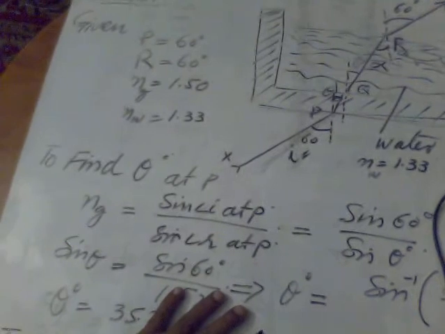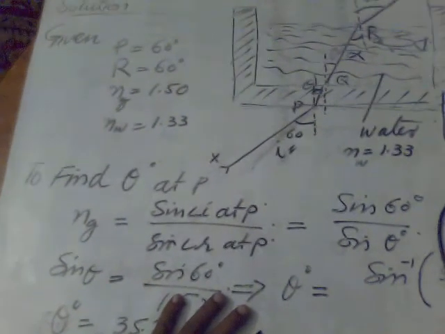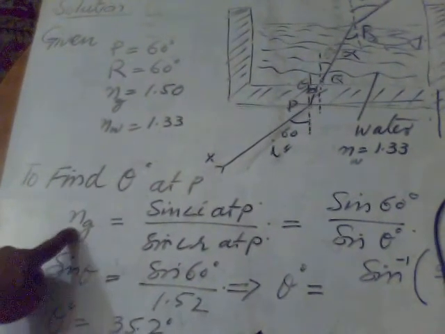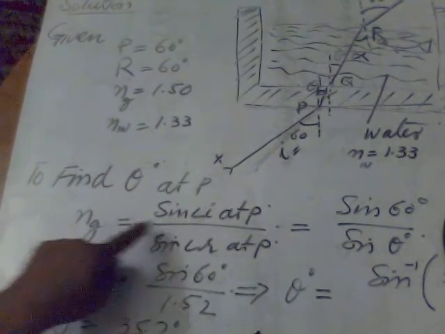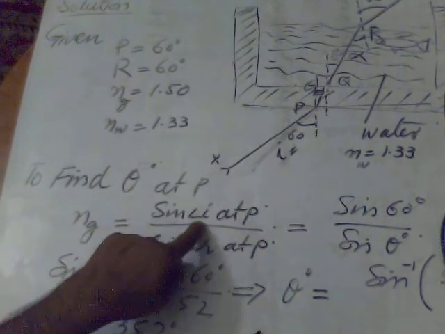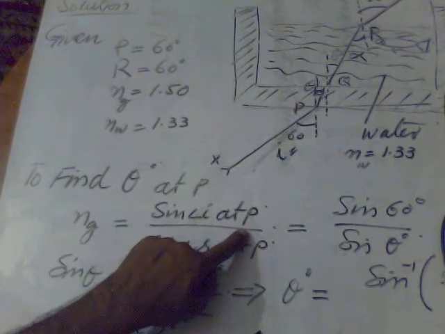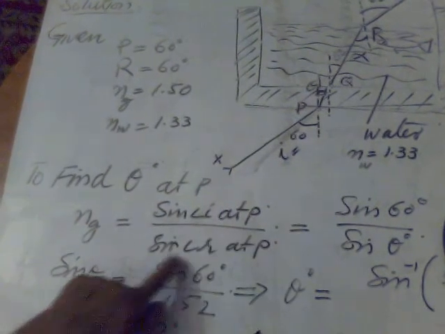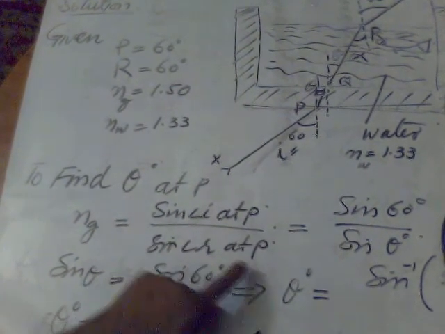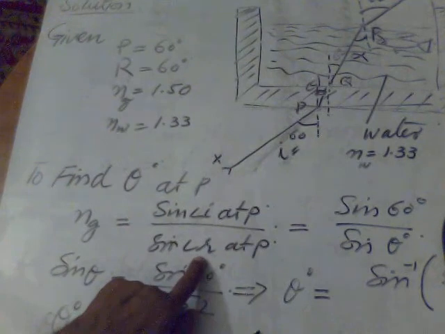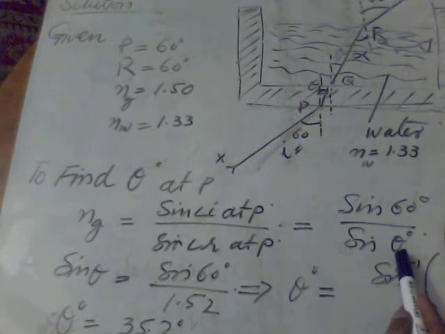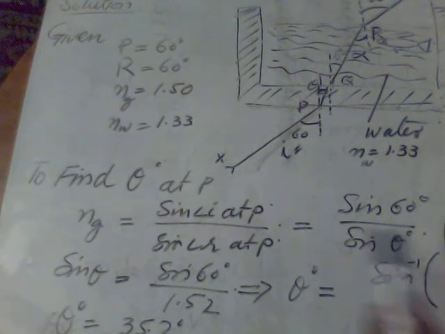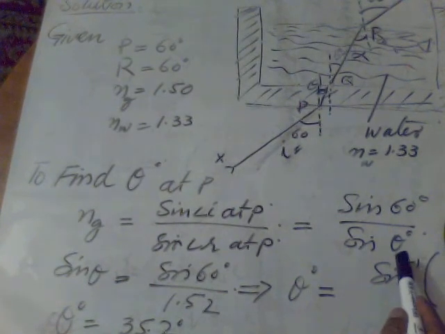We will use Snell's law, that is, refractive index of glass is equal to sine of angle I at point P over sine of angle R at P, the angle of refraction, which is represented in the book by theta.